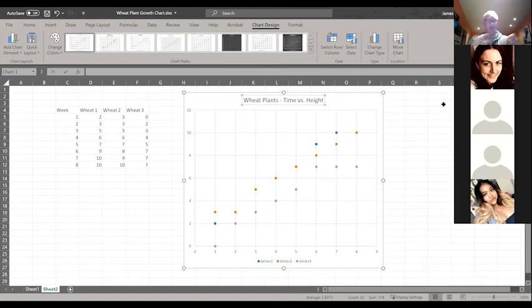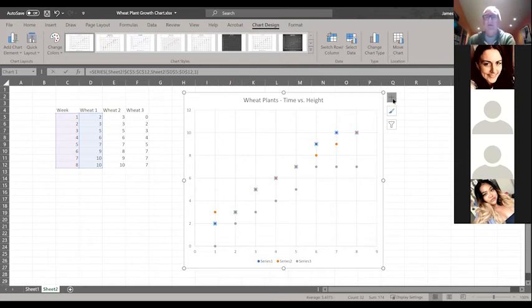Then I want to start looking at my data and seeing what the relationships are. I just click on a point right here, and you see how it lights up all of the points in that particular line. It also lights up over here, because it shows you that's plant number 1. So all of these that are lit up are plant number 1.